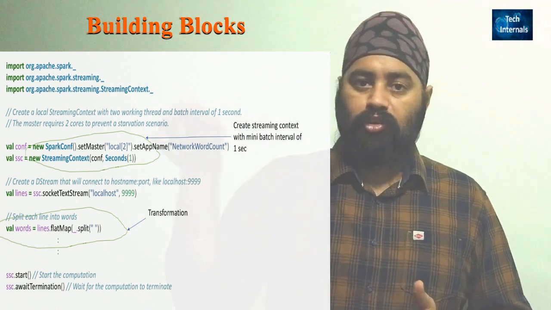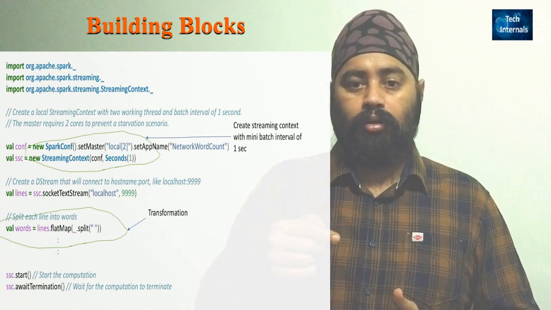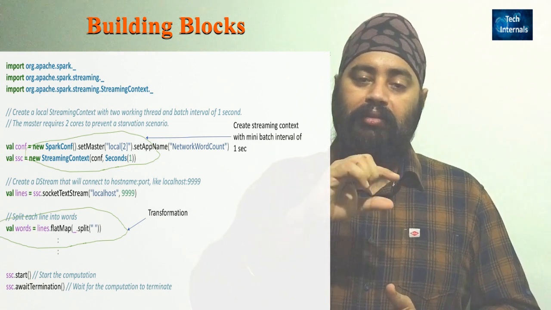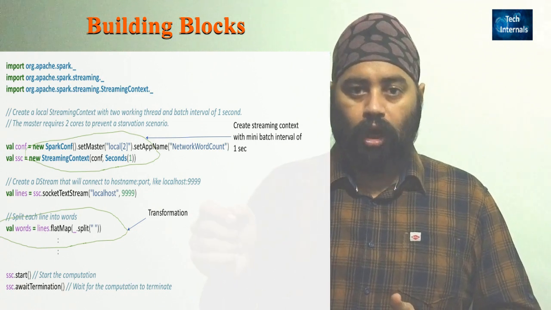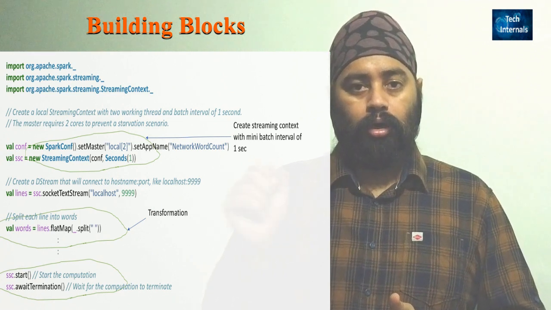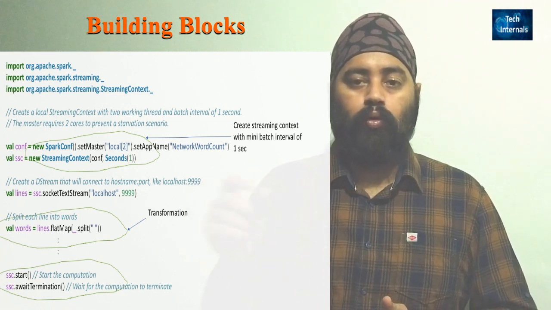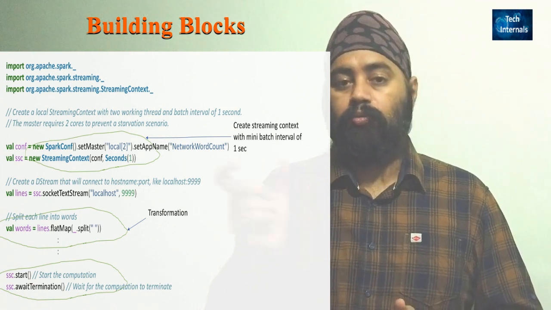If you see the code, I have initialized the context, I have provided the operations on top of RDDs, and then there is some more code you can write. Then the two important lines: the Spark streaming context dot start, and then Spark streaming context dot awaitTermination. You have to wait for termination.